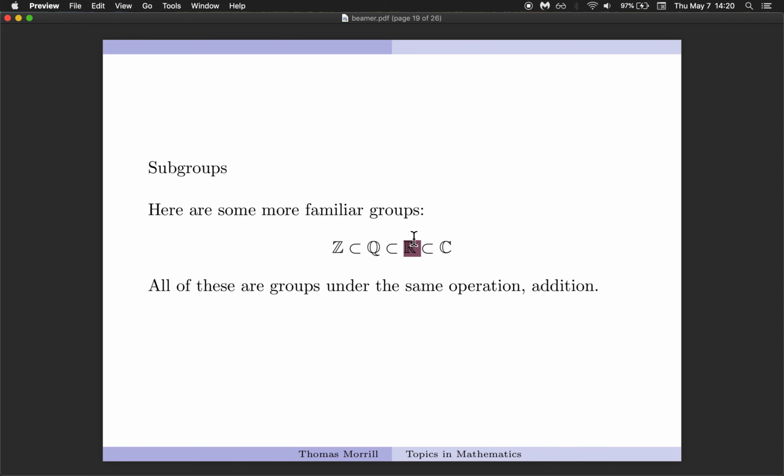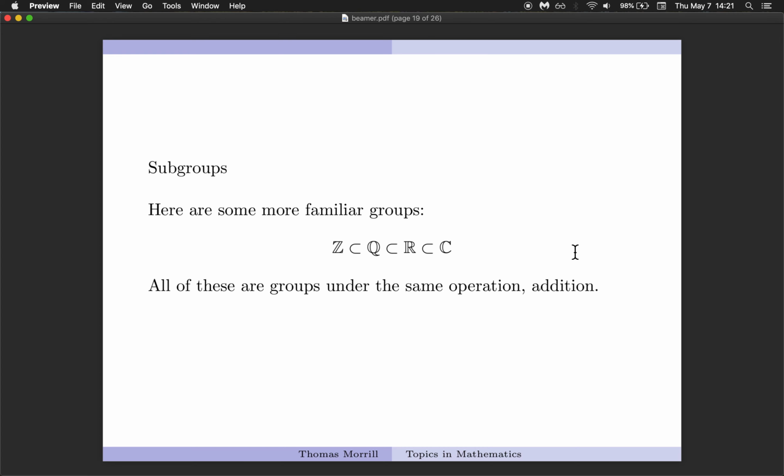Two real numbers combine to give me a real number. Two complex numbers combine to give me a complex number. And we have the identity element, which is 0, and 0 is in all of these sets. And we have inverses in every one of these sets. The inverse of an integer is an integer, the inverse of a rational is a rational, and so on.